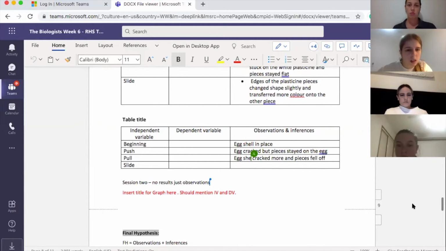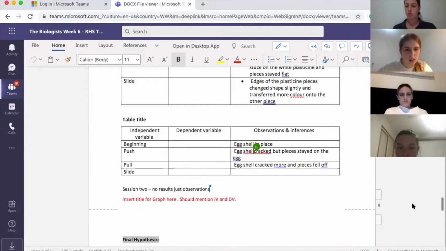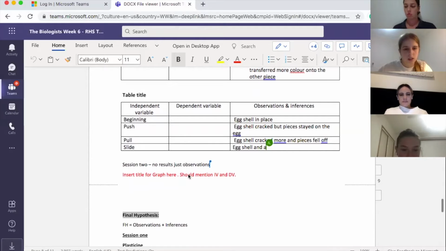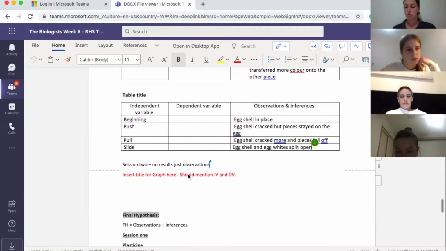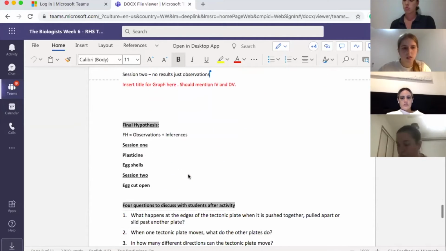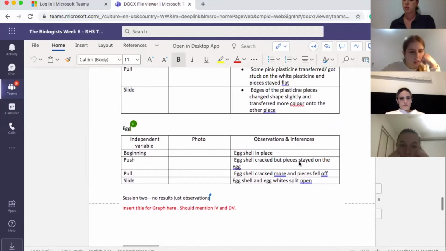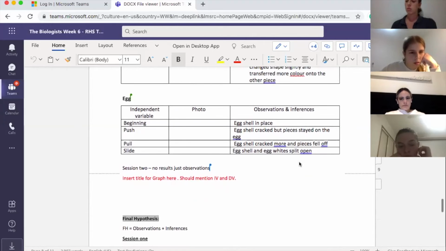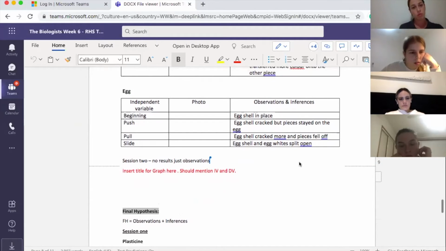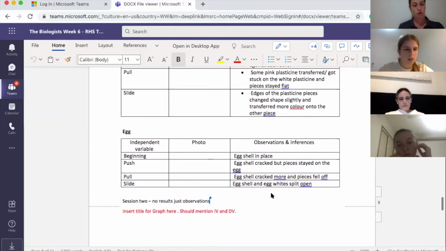Egg shell. I guess we can finish writing the procedure after because they're pretty much the same anyway.